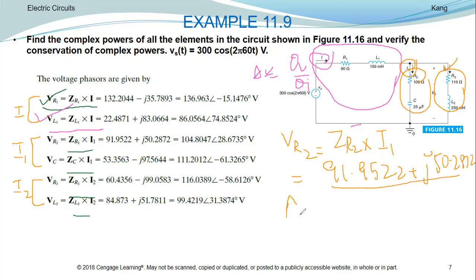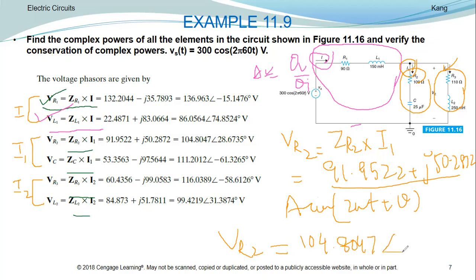Now I put the value in A cos(2 omega t plus phi), and my value for VR2 will be 104.8047 with the angle deviation equal to 28.6735 degrees. So this is the value of VR2, and simultaneously we can solve VC for this equation.